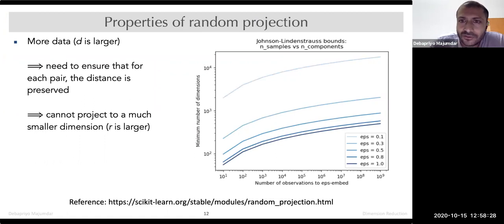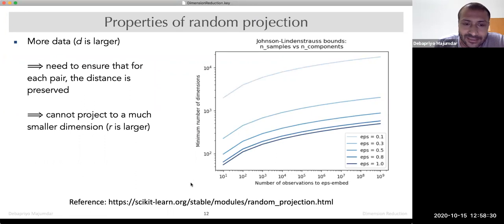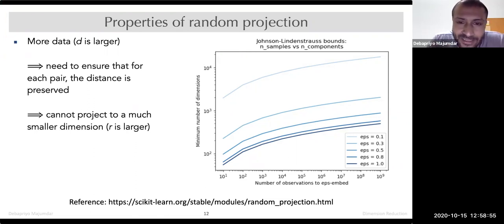So this is actually from scikit-learn. Their random projection is implemented with different kinds of things: sparse, random, and Gaussian, at least. So if you go back and look at the formula, the goal is we want to reduce the dimension.